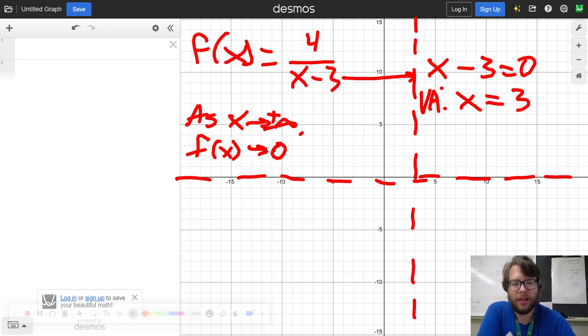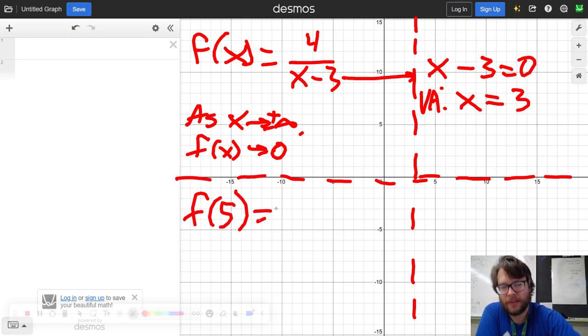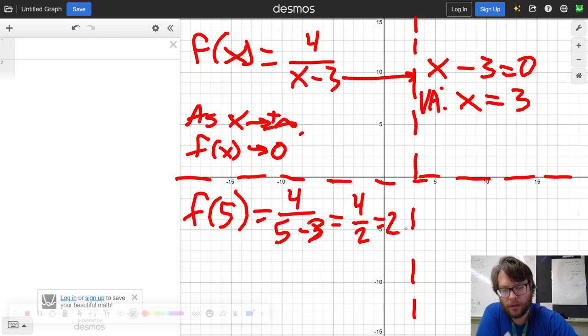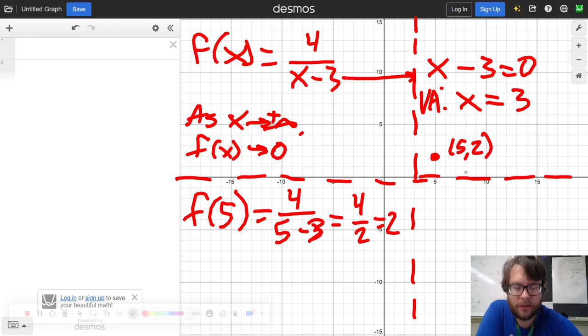Then I think about where my function is positive and where it is negative. If I plug in numbers bigger than 3, like x equals 5 or x equals 10, I get a positive number. If I plug in 5, 5 minus 3 is 2, so f of 5 is positive.